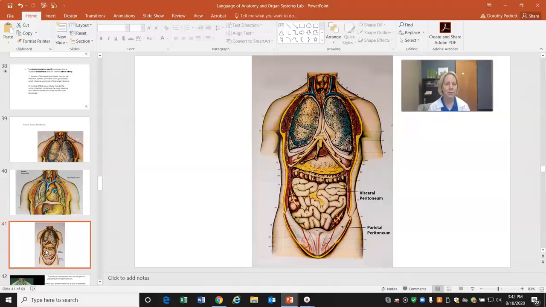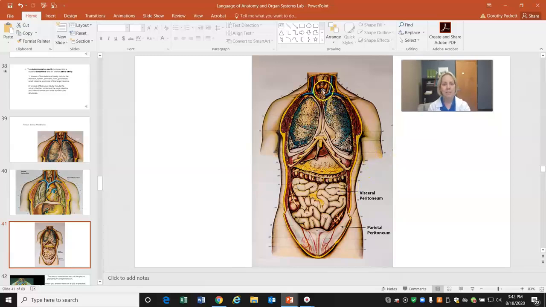Here's another picture where you can find some of these organs. So you can see the liver here and the stomach. And you should know what system those both are a part of, along with the large intestine and the small intestine. So what system is it? You should have said digestive system for that one.